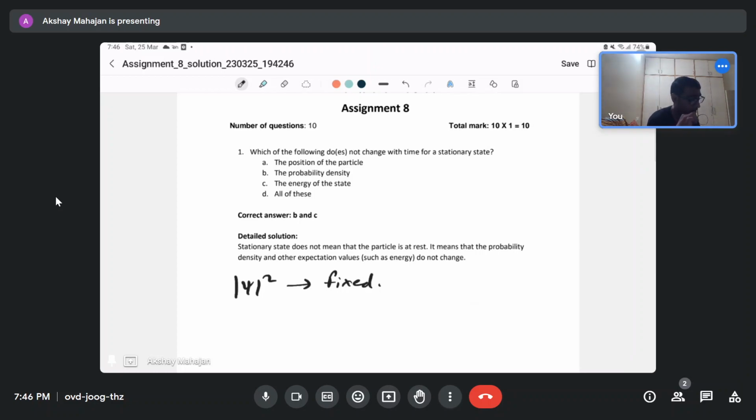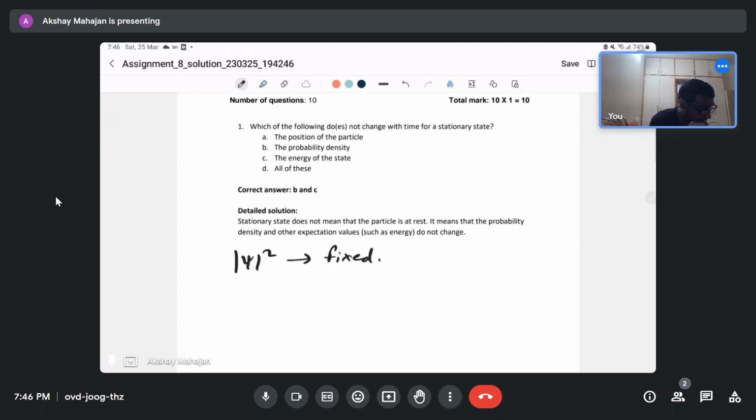So there will be no lifetime of our system. The probability density, which is mod psi square, and the energy, which is given by psi H cap psi, are both fixed with time.